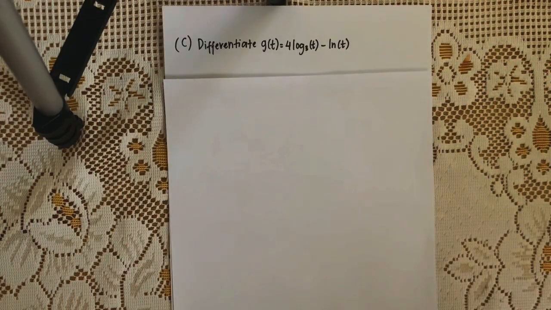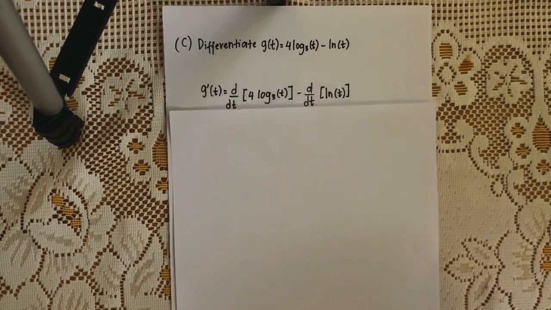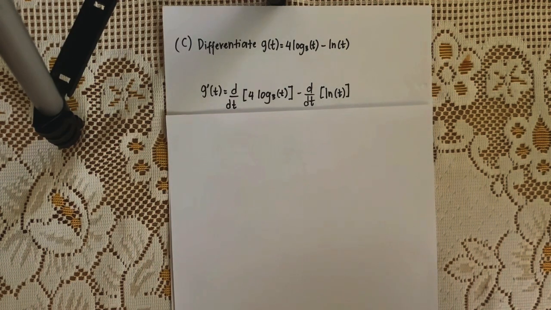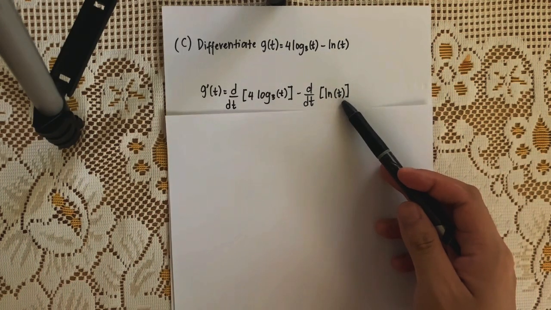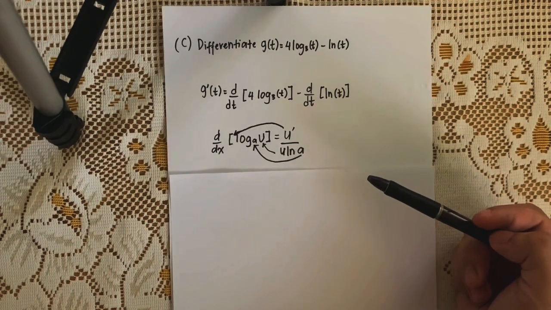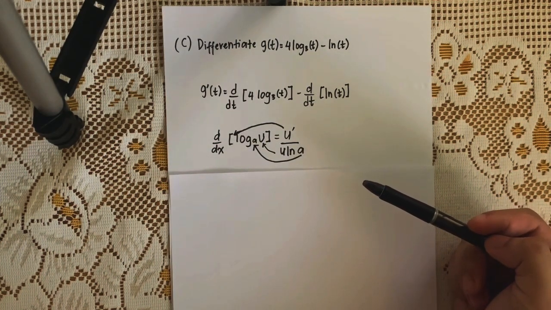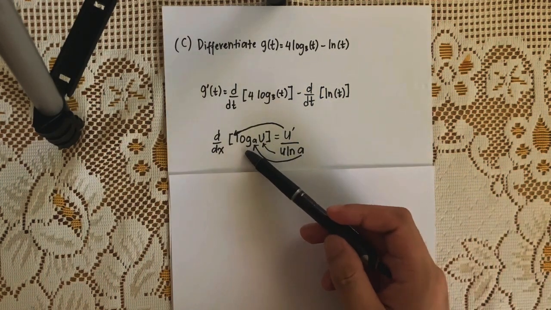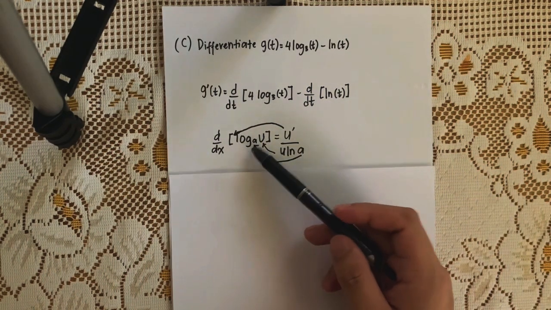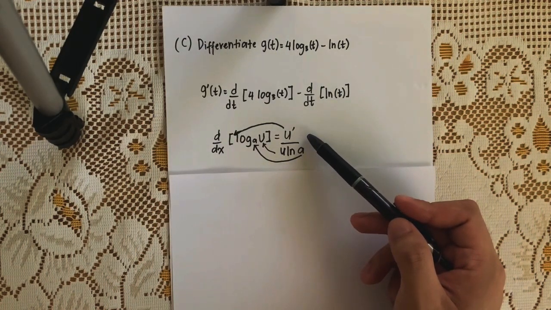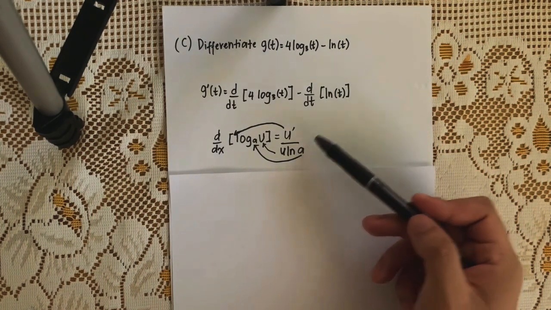So the third question is differentiate g(t) equals 4 log 3 t minus natural log of t. When we differentiate g(t), it becomes g prime (t). Then we change the log into natural log. So this is the general formula to change from log into natural log. When we differentiate log a u with respect to x, it becomes u prime over u natural log of a.